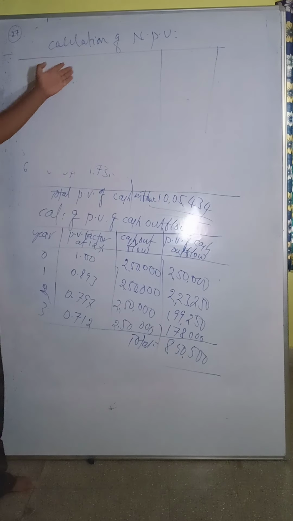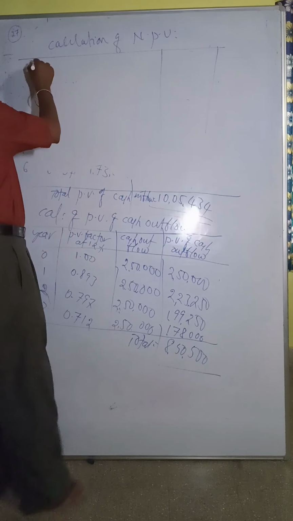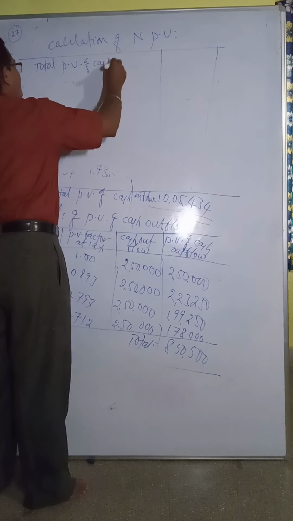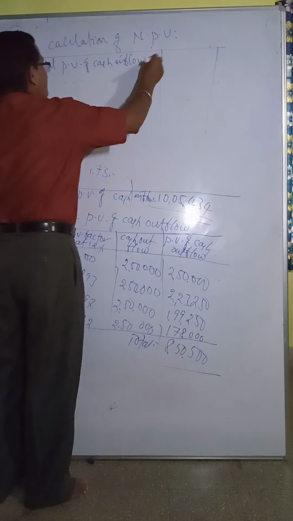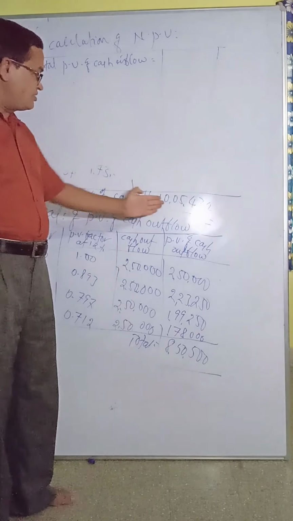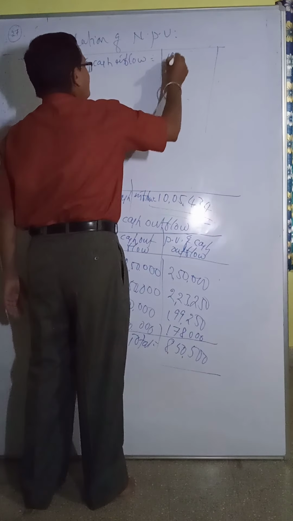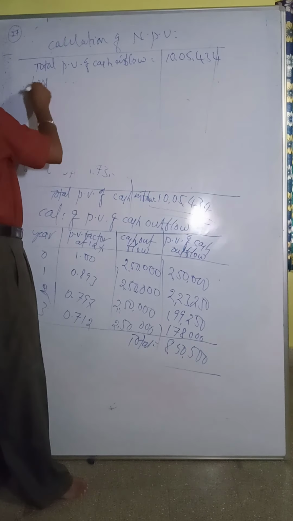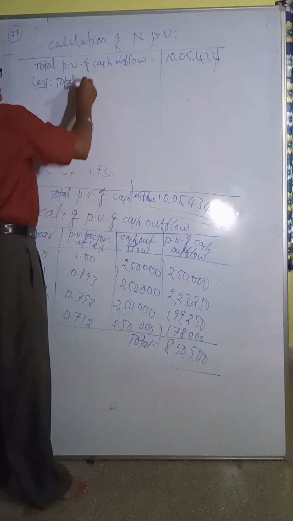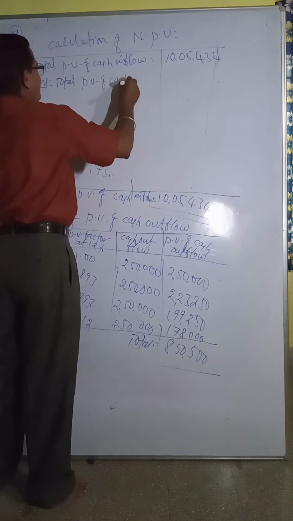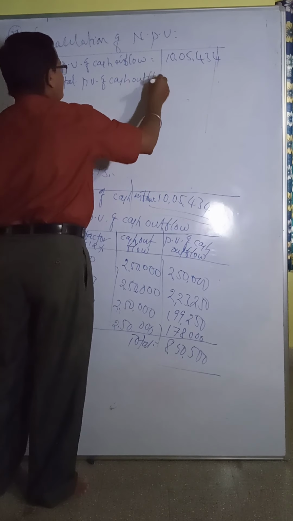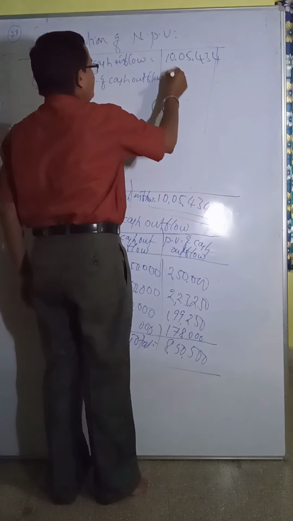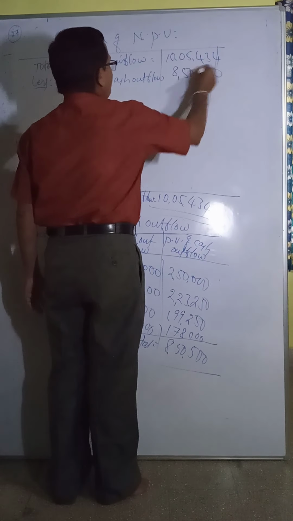Make 2 columns: particulars and rupees. Take the total present value of cash inflow, which we already calculated as 10,05,434, less total present value of cash outflow, which I just calculated as 8,50,500.